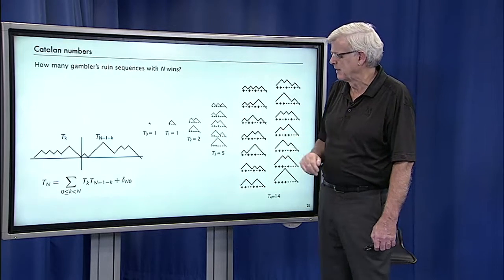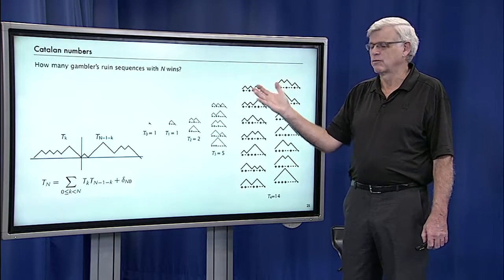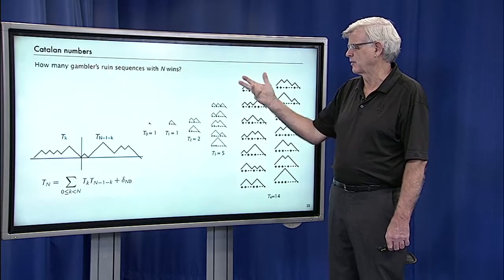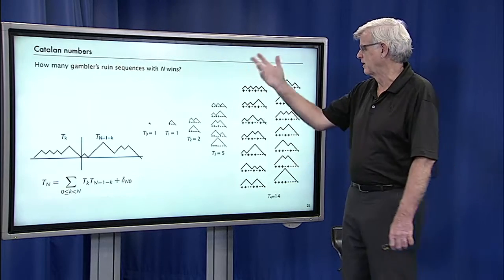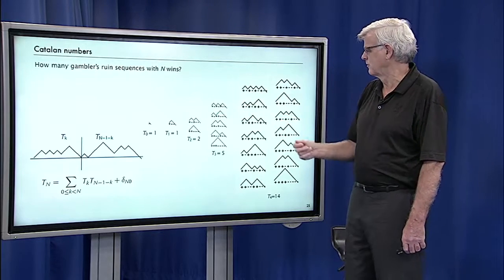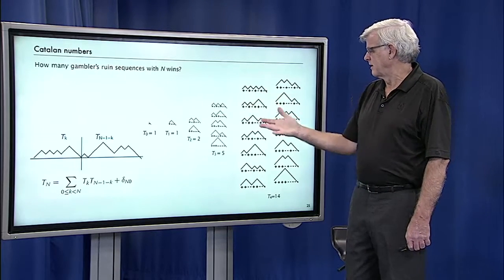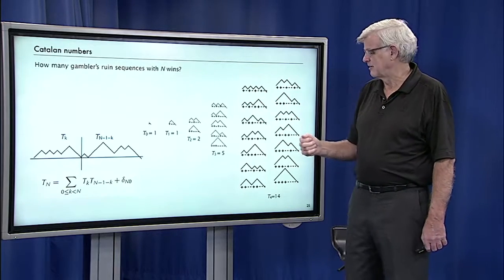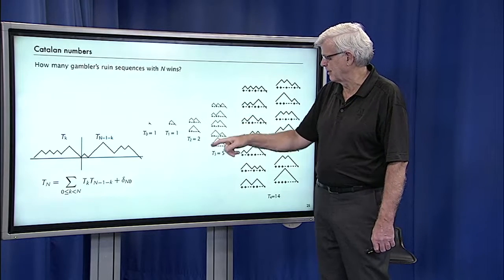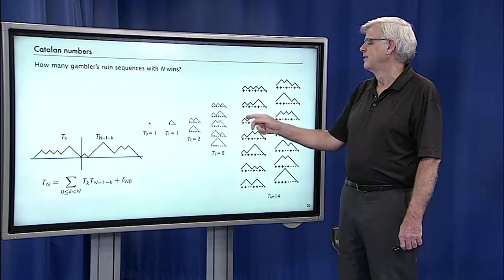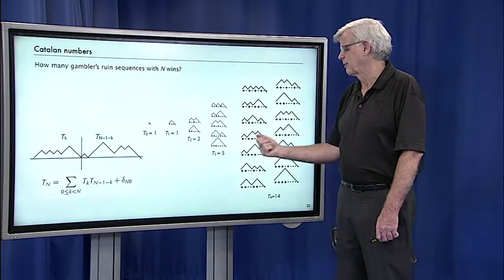How many different ways are there for the gambler to do that with, say, n wins in the sequence? There'll be n losses too. Again, if you try out all the possibilities, it turns out that there are only 2 possibilities for 2 wins: you can win, lose, lose, or you can win 2 and then lose 2.